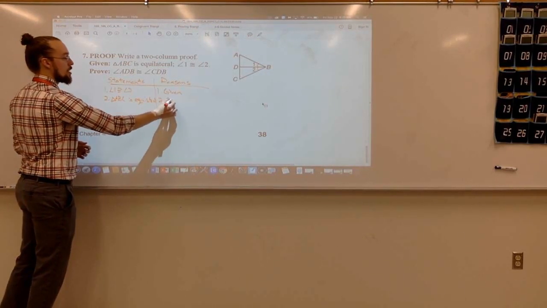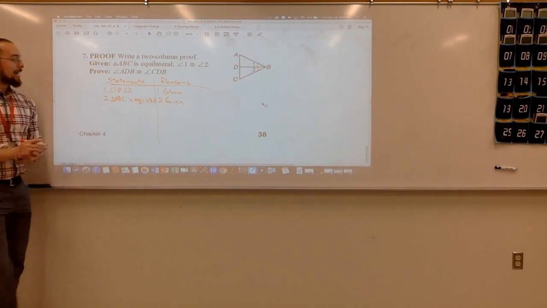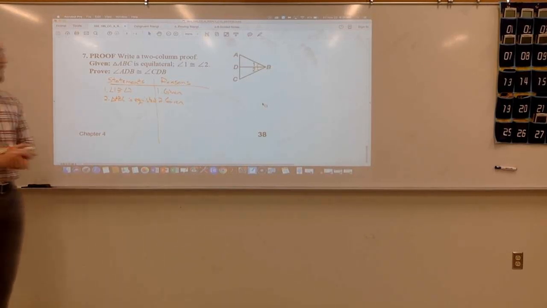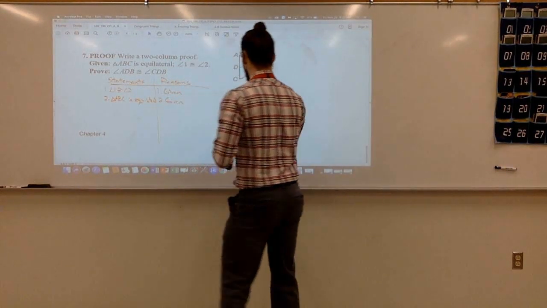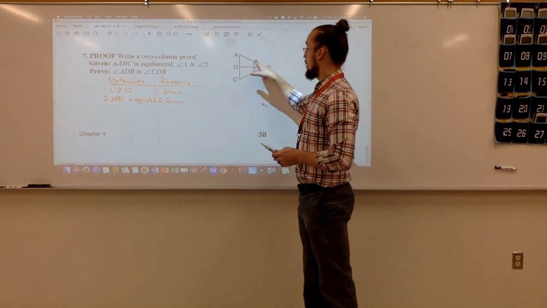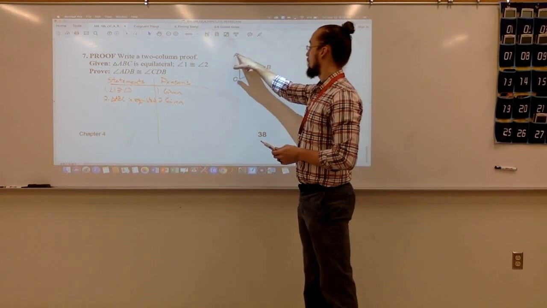Okay, so if I know that ABC is equilateral, AC is congruent to CB. Yeah, so I can say that all 3 of those sides are congruent.